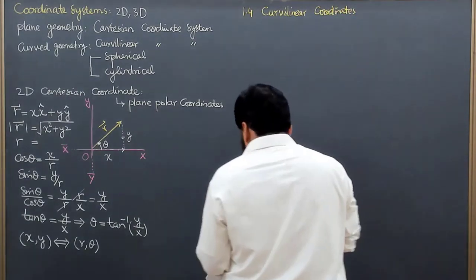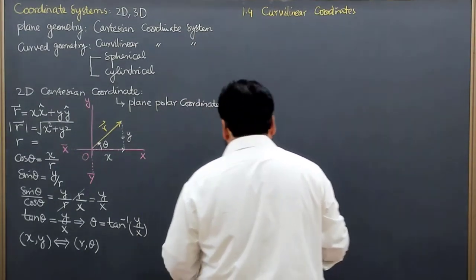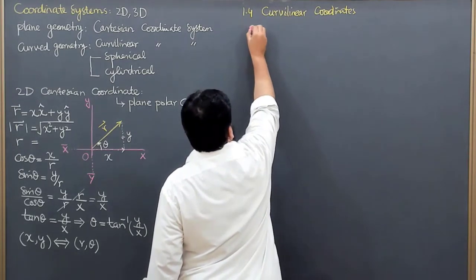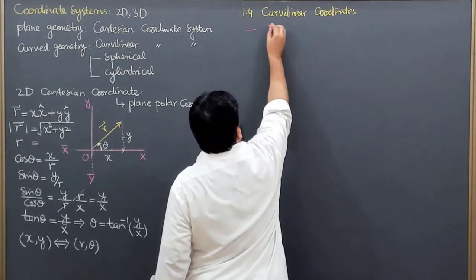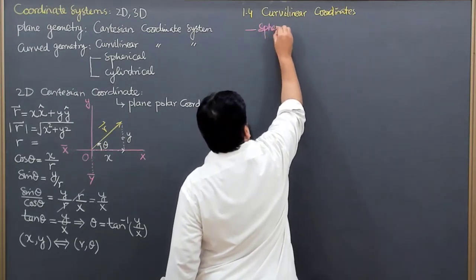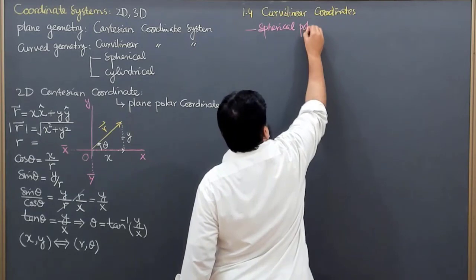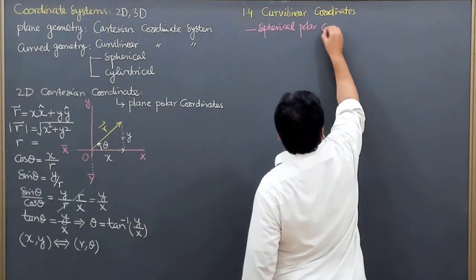Inside the curvilinear coordinate system, we will have the spherical polar coordinate system first. This is 1.4.1, the spherical polar coordinates.